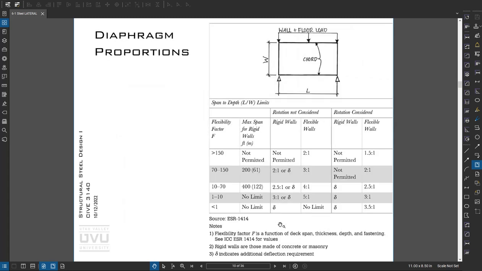All right, proportions of the diaphragm, there's some span to depth limits. So depending on our flexibility factor, certain things are not permitted. Certain things are if we have a stiffer diaphragm. Where do we get the F, the flexibility factor?